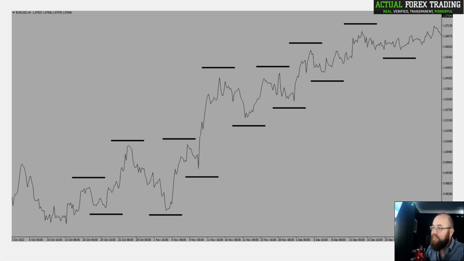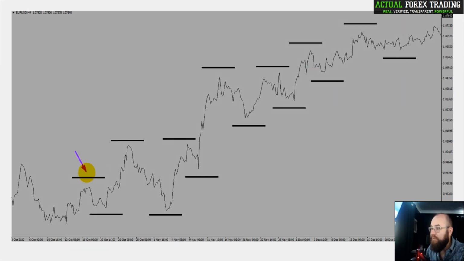So we have this series of higher highs and higher lows, or higher peaks and higher troughs, or higher swing highs and higher swing lows. There's lots of terminology to explain the same thing, but the main characteristic of an uptrend is a series of peaks and troughs, highs and lows that continually get higher and higher.